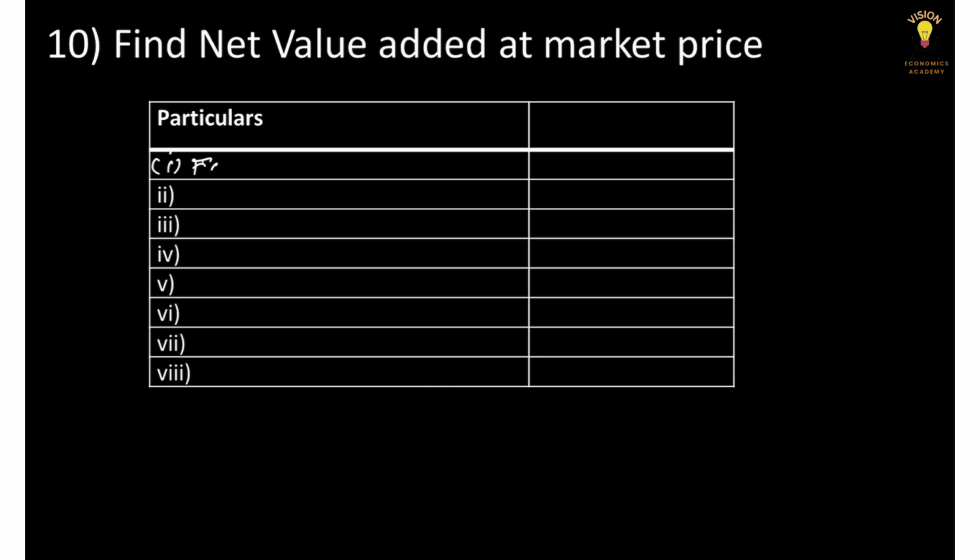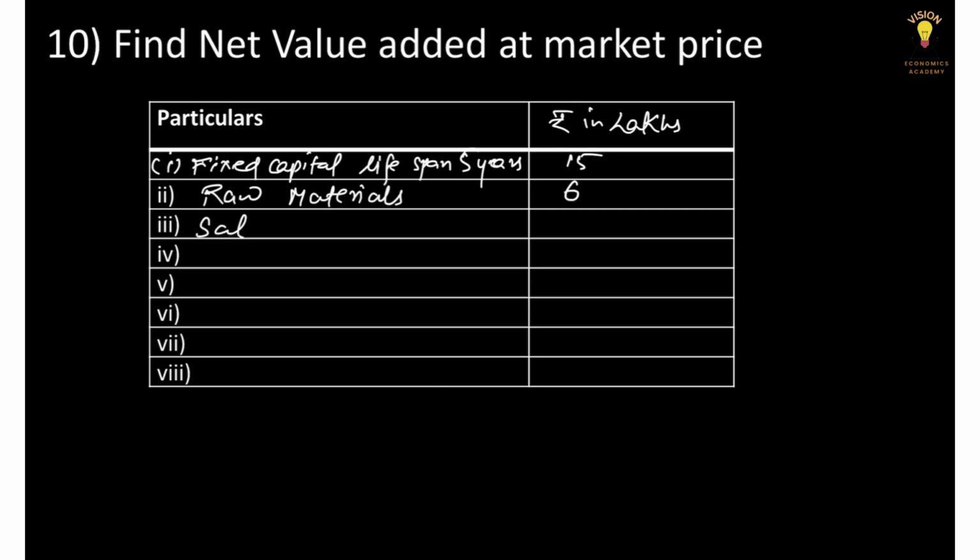The question is: fixed capital with lifespan of 5 years, rupees in lakhs, is given 15. Then raw materials is worth 6 lakhs. Then sales is worth 25 lakhs.